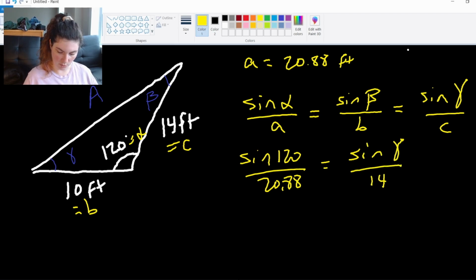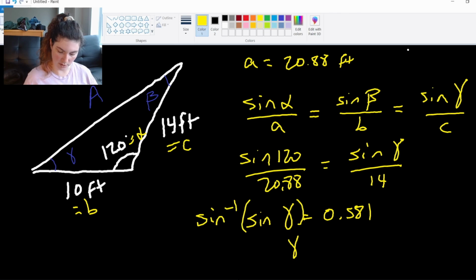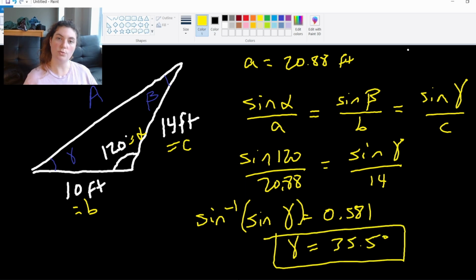So doing our cross multiplication, we get sine gamma equals 0.581. Take the arcsine of that, because the sine to the -1 is usually how it's written on your calculator. Gamma equals 35.5 degrees. So those are our three answers.